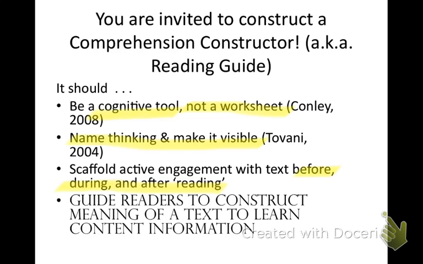During reading, we're again asking students to stop and think and react. And after reading, we want students to reflect upon how their thinking has changed since they've engaged with this text, and also to reflect on the work that they did as readers, to think about the strategies they used or could have used or would even use again in the future.